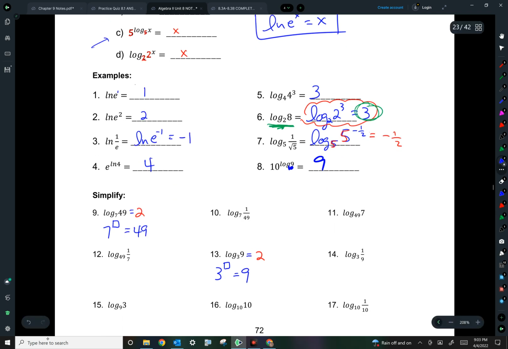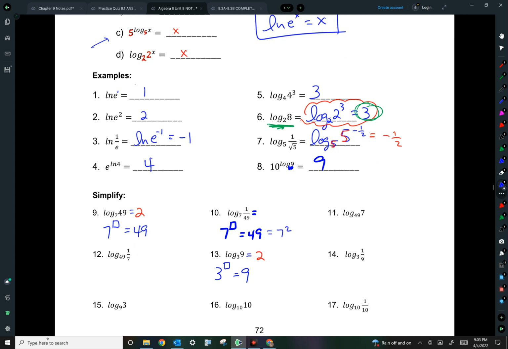Okay, so let's see how that applies down here. So you could say, well, I know the answer is an exponent, so 7 to what power equals 49? If you're not sure, just start thinking about 49. Isn't 49 the same as 7 squared?